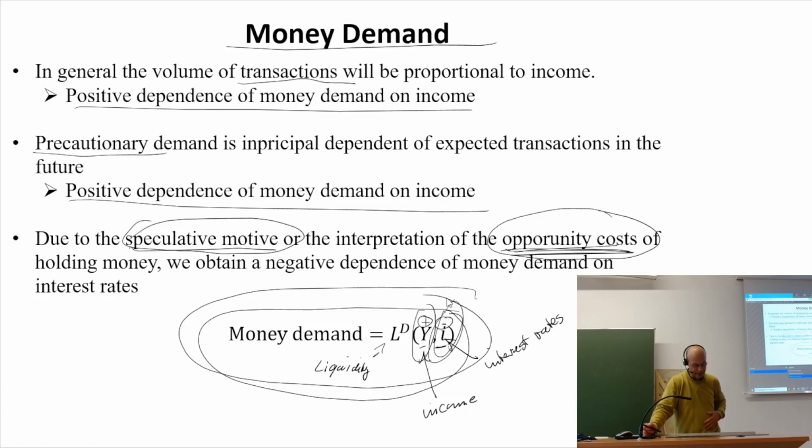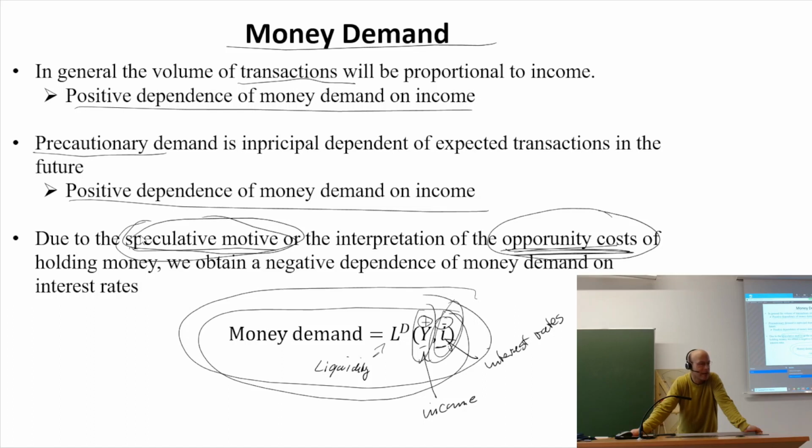From this opportunity cost argumentation, we obtain the negative dependence on interest rates, and from the speculative motive, we are also comparing bonds and assets, and we have the negative dependence between the value of bonds and the price of stocks. So the lower the interest rate, the more people are expecting that stock prices will fall in future.